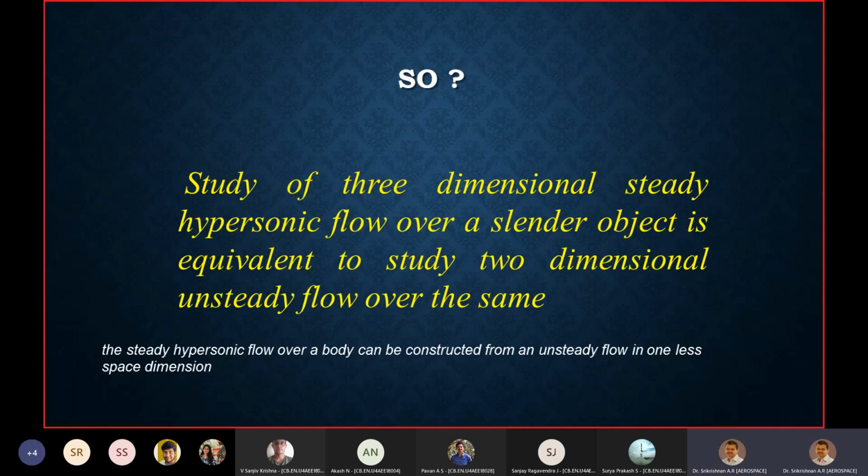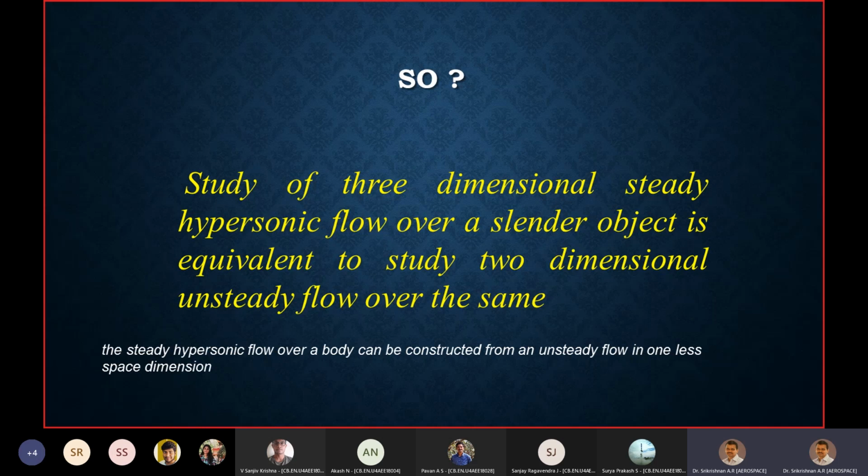Okay, so what we are saying is that the study of three-dimensional steady hypersonic flow over a slender object can be considered to be equivalent to the study of two-dimensional unsteady flow over the same, and this is based on the simplifications that come from the slenderness approach. So the whole thing can be related only to hypersonic bodies with slenderness.